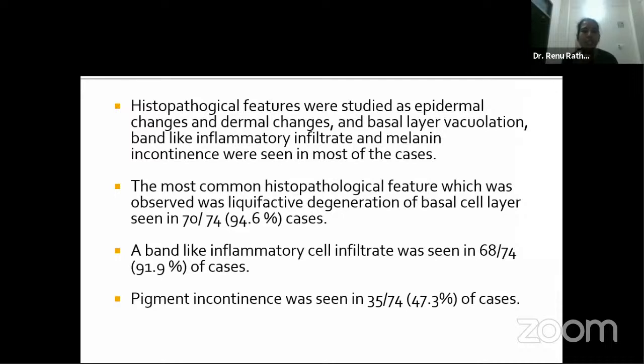It was seen in 70 out of 74 cases, that is 94.6% of cases. And a band-like inflammatory cell infiltrate was seen in 68 of the cases, and pigment incontinence was seen in 35 of the cases. So these 3 were the most common features which were seen in histopathology.